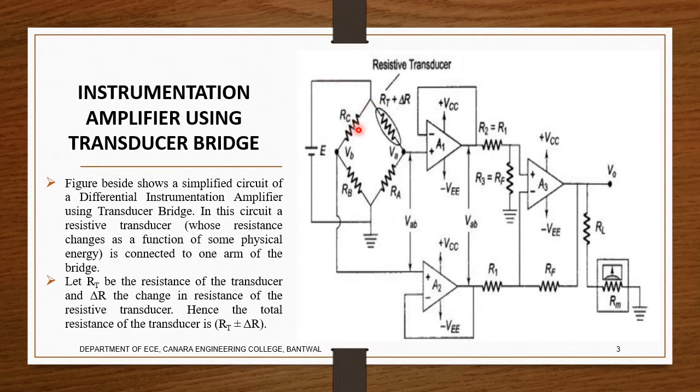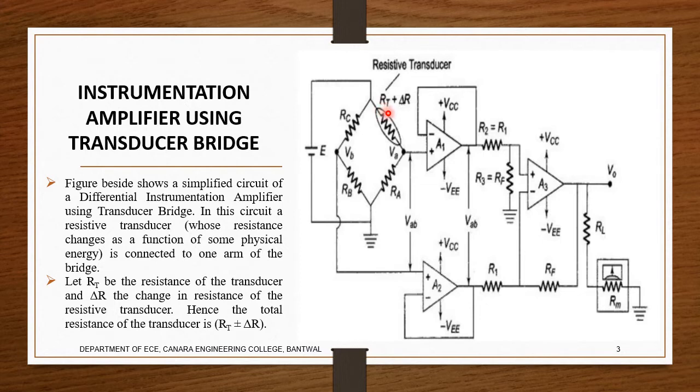RC, RB, RA are standard resistors which have a constant value throughout the process, connected to a source denoted by E. The difference is that here we have a resistance transducer connected to this arm as RT.